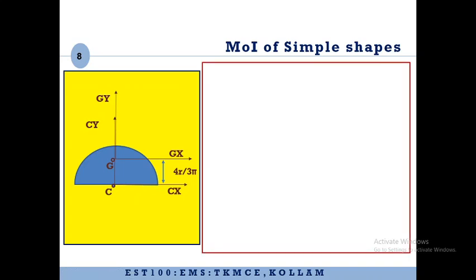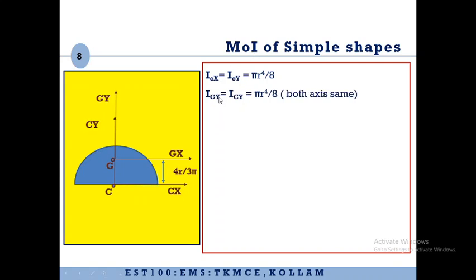So we need to find out the centroidal moment of inertia of this semicircle. We already know that Icx and Icy is equal to pi r raised to 4 by 8. So now what we are going to do is, Cx represents a parallel axis that is parallel to the centroidal axis. So we have to apply parallel axis theorem to find out the centroidal moments of inertia.